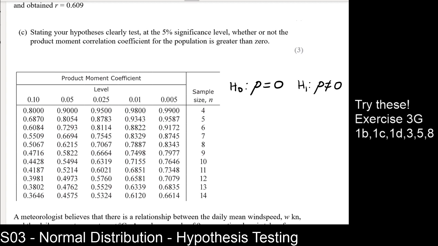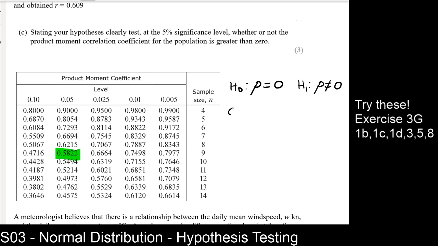Now, if we're testing for the 5% significance level, what we need to do is find our critical value. This is where you'd need to use the table that you get in your formula book, and n would be 9. So we look at a sample size of n equals 9, and because we're looking at the 5% significance level, we'd look at our critical value here.